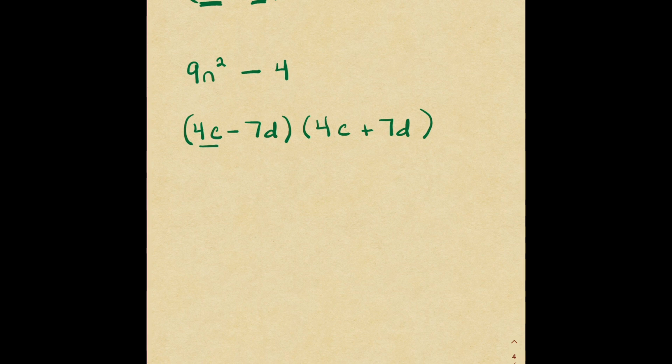So I'm just going to take the first term. 4c times 4c is 16c squared. Keep the minus every time, because I'm going to have negative 7d times positive 7d, which is negative 49d squared.